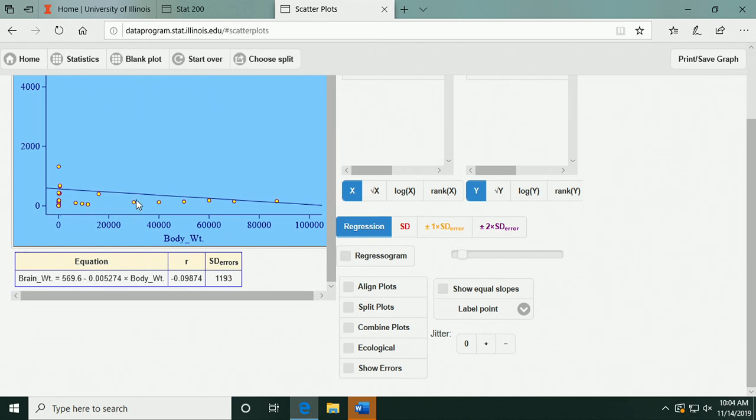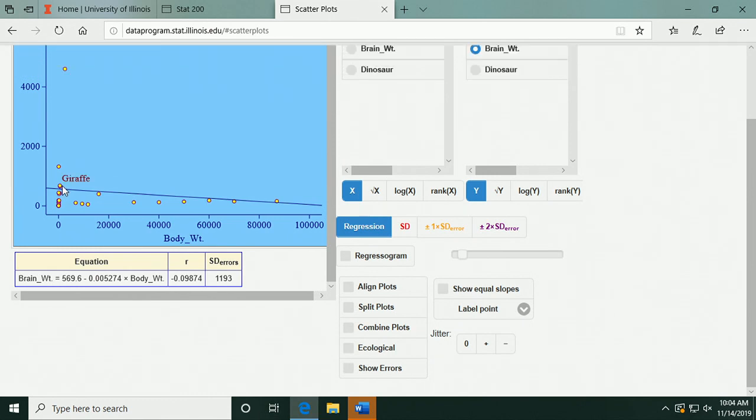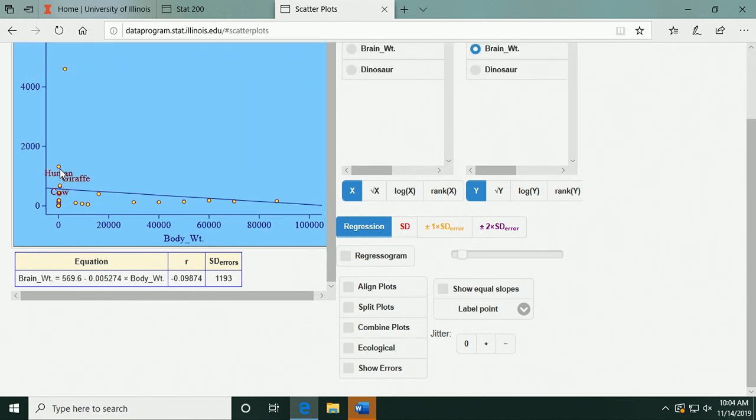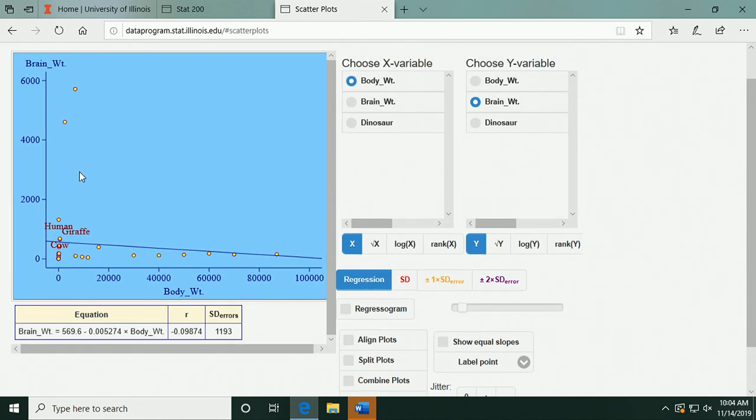But this is not good. We can't even see these. What are these animals? That's the giraffe, a cow, a human. Wow. Who are these up here that have huge brains for their body? You want to guess? The humans there.